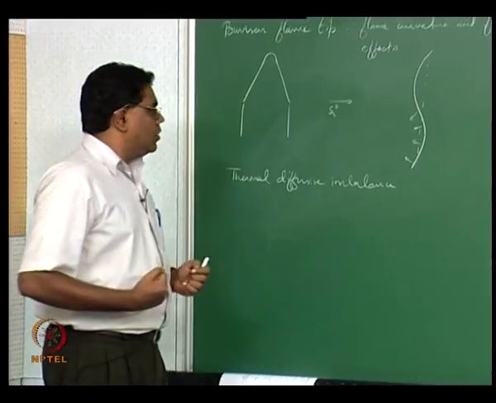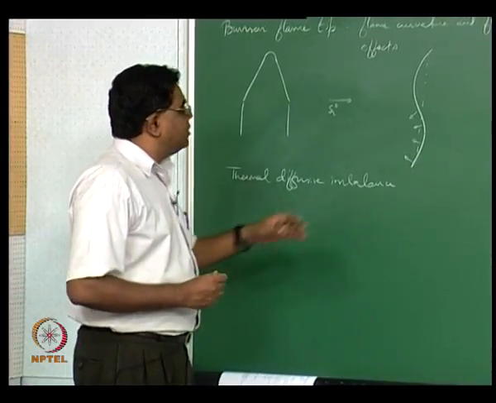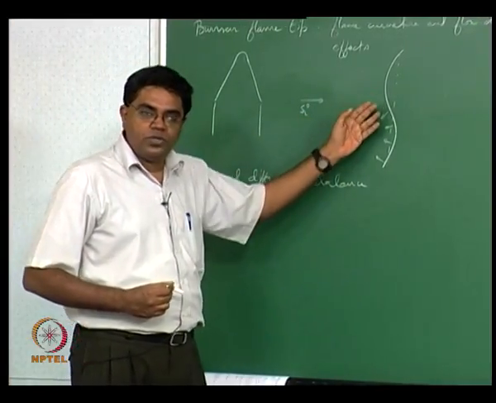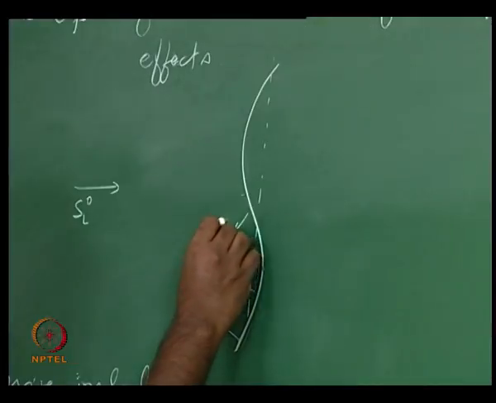Now on the other hand, look at what is happening to the species diffusion. The species diffusion is going to go radially outward.